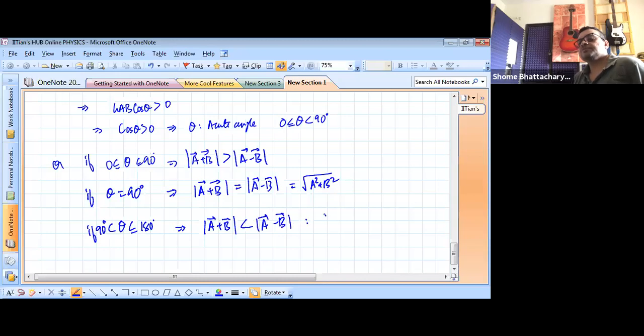So this happens because cos theta is negative, because theta is obtuse. Here this happens because cos theta is 0, because theta is 90 degrees. And here this happens because cos theta is a positive quantity whenever theta is acute.